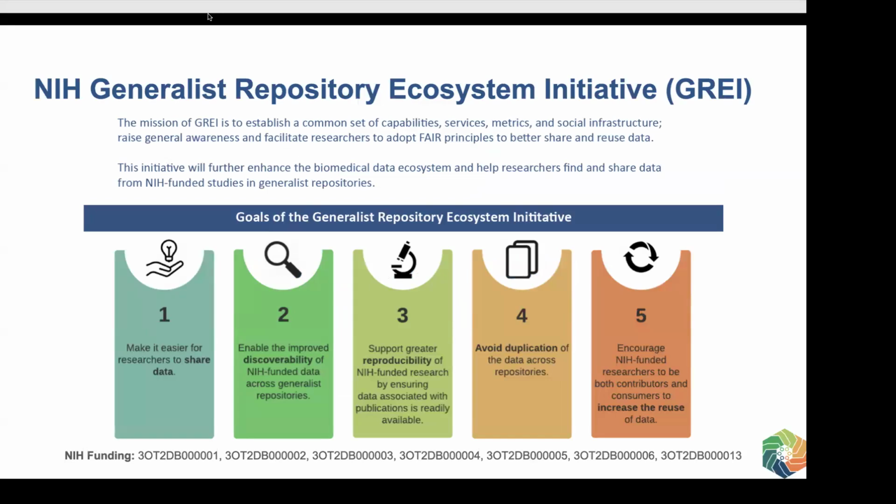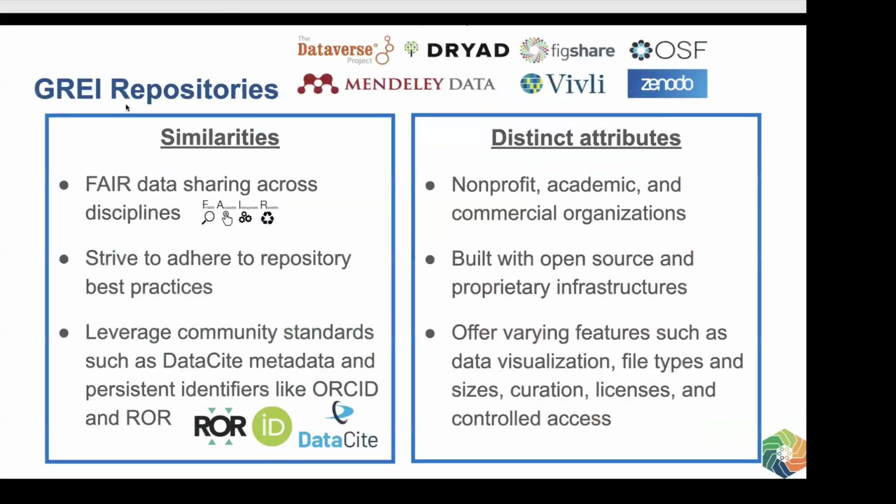GREI is comprised of 7 generalist repositories, and our goals are to make sharing and finding data easier, to support data reuse, to avoid duplication of data across repositories, and lastly, to encourage the sharing and reuse of data. The 7 generalist repositories are Harvard Dataverse, Dryad, Figshare, Mendeley Data, OSF, Vivli, and Zenodo.